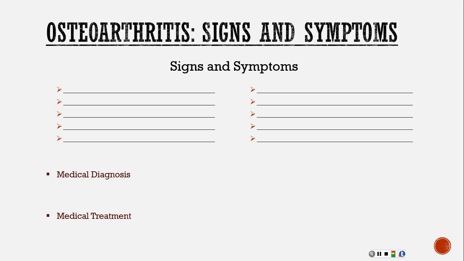So the goals are going to be to decrease pain to a manageable level and maintain as much mobility as possible. Sometimes it's hard to improve mobility a whole lot. Some of the exercises we can improve on, but the main thing is to maintain and prevent further loss of mobility as much as we can.